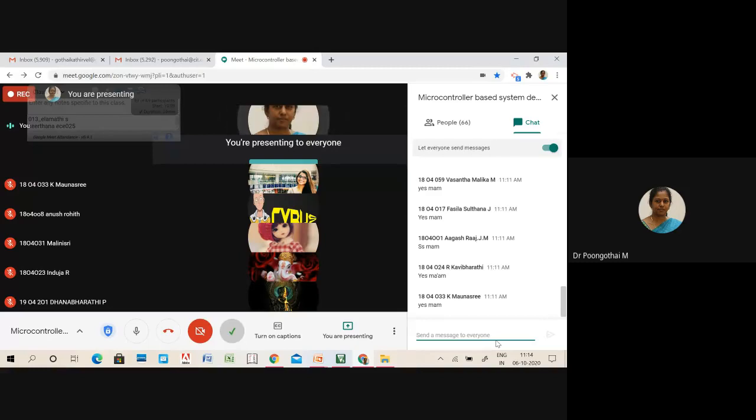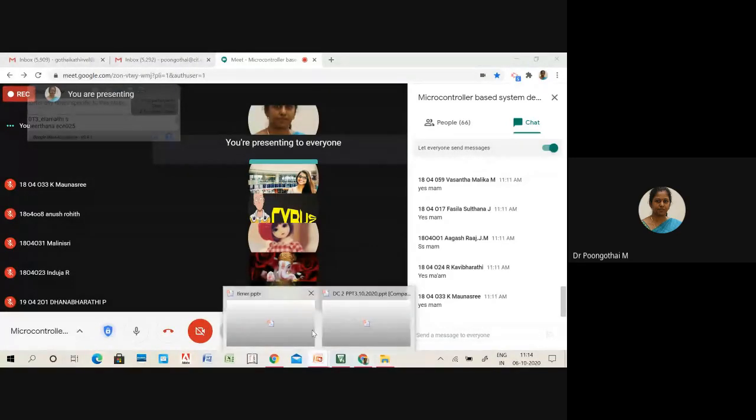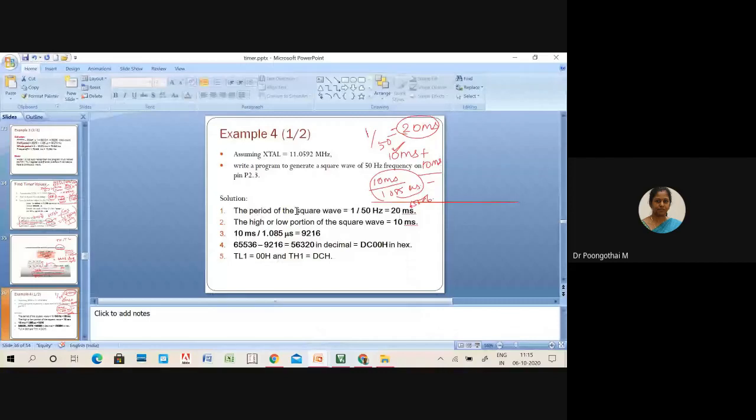What is the TMOD value? You have to use timer 1, timer 1 mode 1.